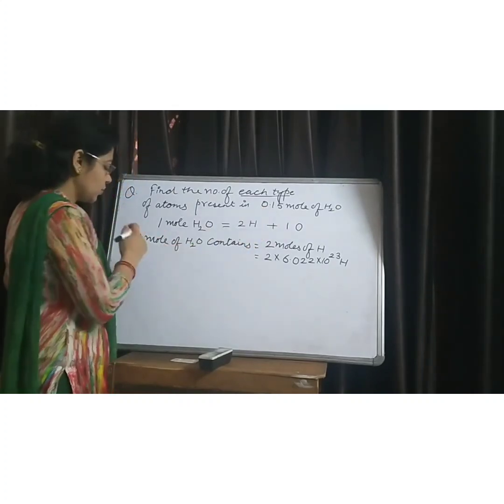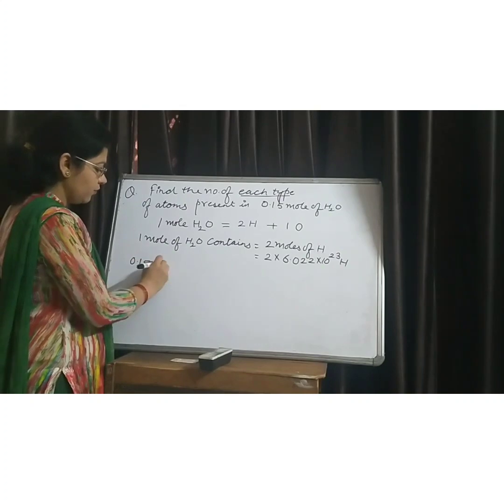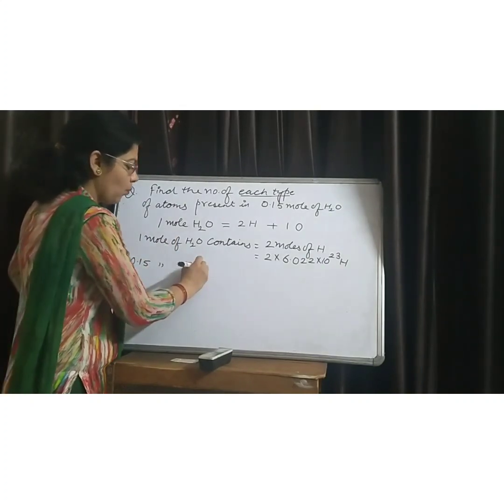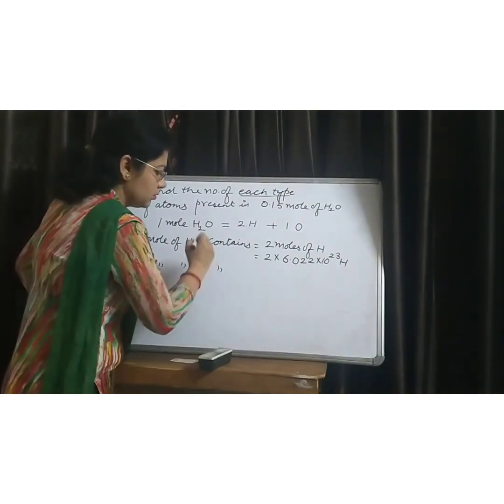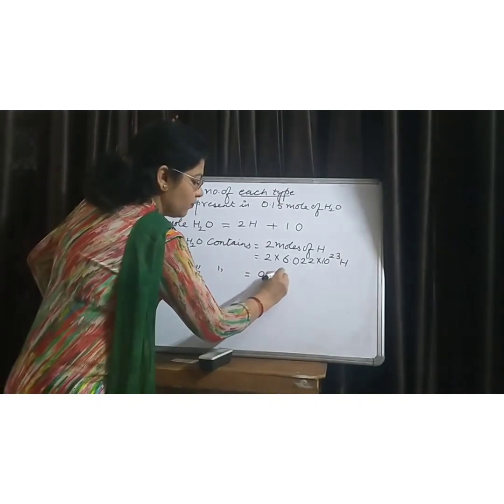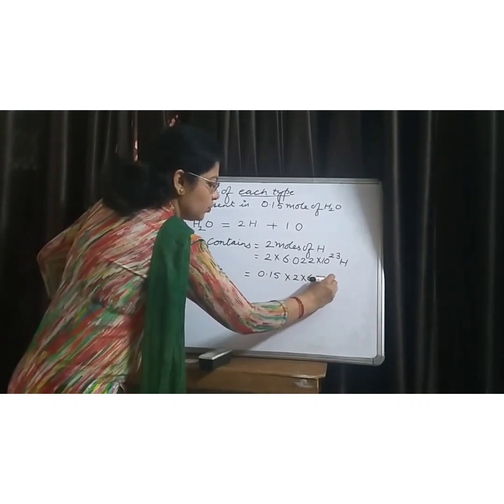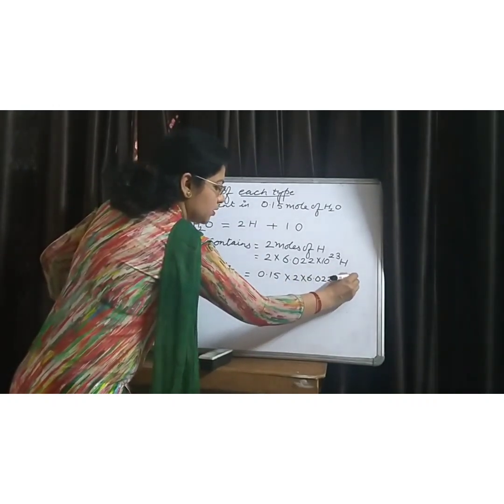0.15 mole. So put here, in 0.15 mole of water, the number of hydrogen atoms are 0.15 into 2 into 6.022 into 10 to the power 23.